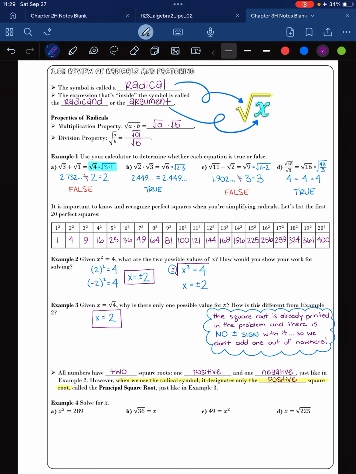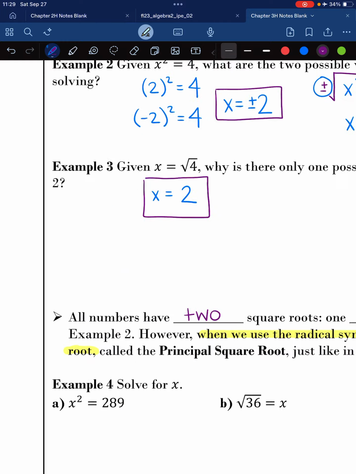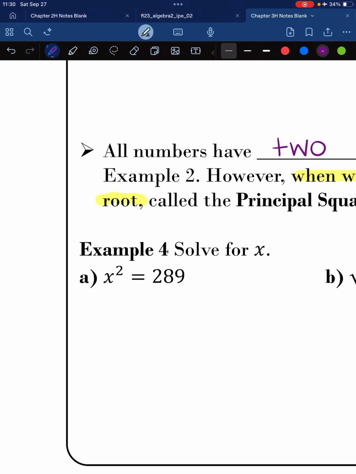So let's go ahead and start practicing and looking at the difference between examples A through D. Okay, so I need something times itself, or something squared, to equal 289. Okay, so if I take the positive or negative square root of both sides, and I'm being a little bit lazy, I'm just making one giant square root. Might not be best form, but you can see whatever I do to one side, I do to the other.